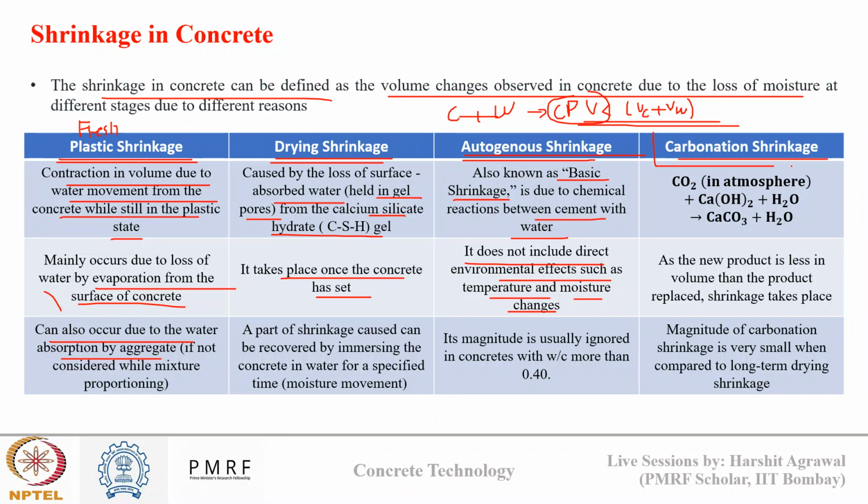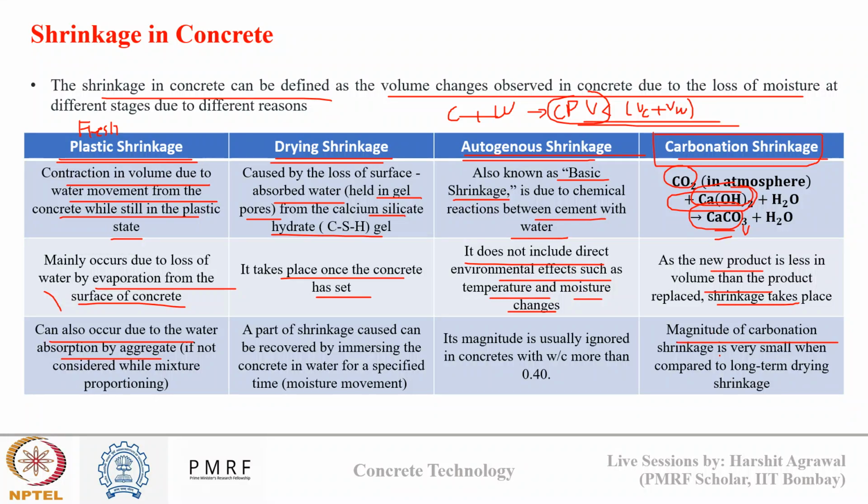And then last is carbonation shrinkage. When CO2 reacts with calcium hydroxide present in concrete pores, it forms CaCO3. This product occupies lower volume compared to Ca(OH)2, so there is some shrinkage here also.